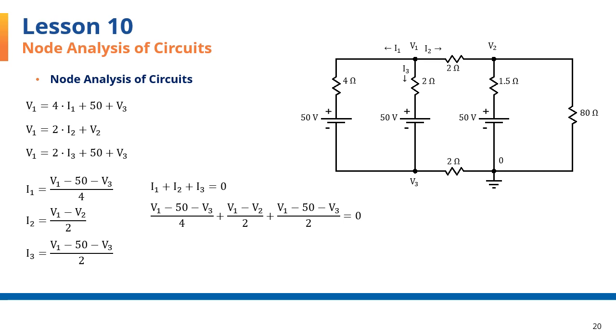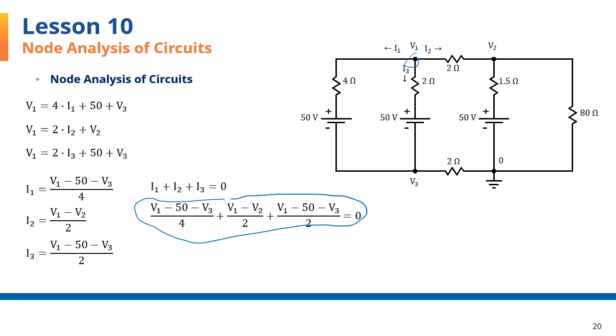So this is our first equation in the voltages V1, V2, V3 that was obtained by working on node 1. Each of the other two nodes will also provide their own equations in V1, V2, V3.